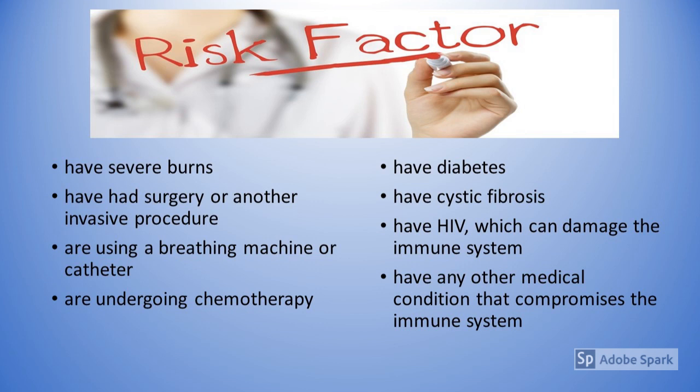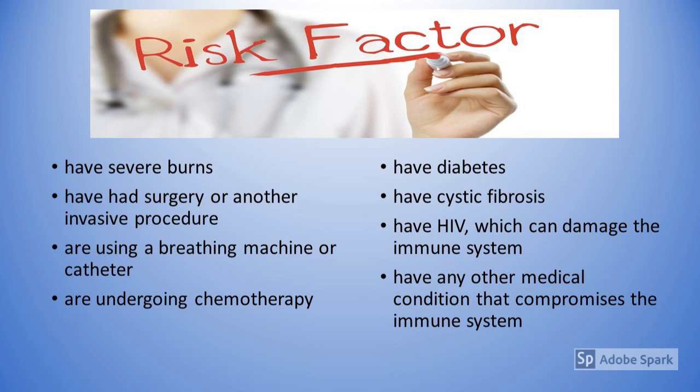There are a lot of risk factors that can increase your exposure to this type of infection. You have patients that are already compromised, so patients that may have severe burns, patients that have had surgery or other invasive procedures, patients that are on breathing machines or catheters, or some patients that are still undergoing chemotherapy. All these patients are already immunocompromised.